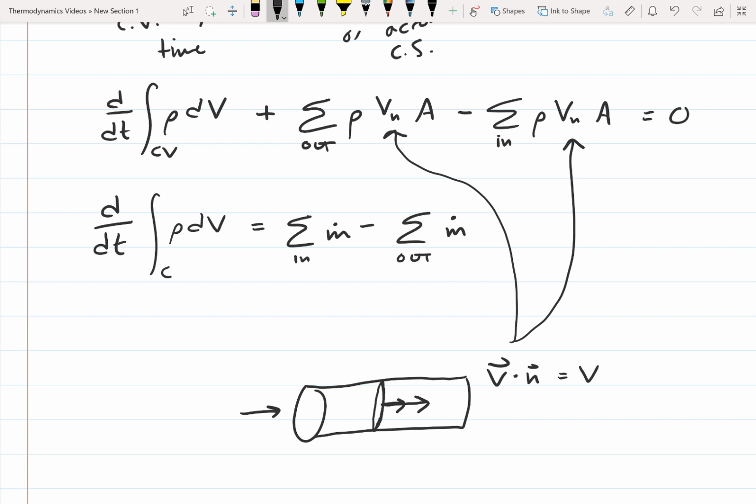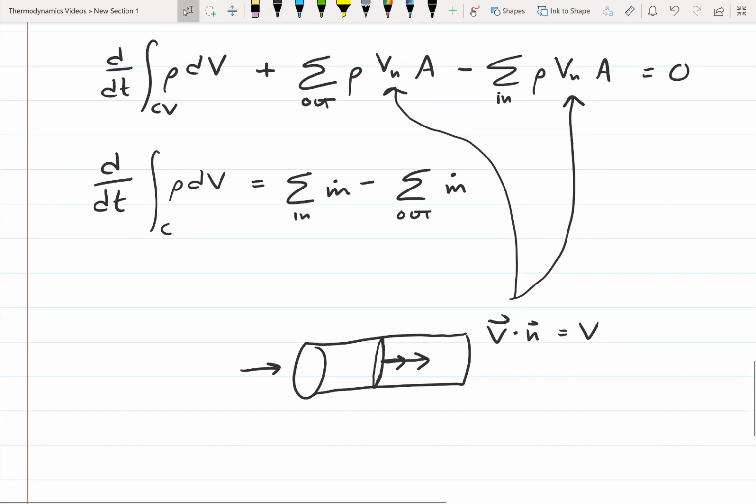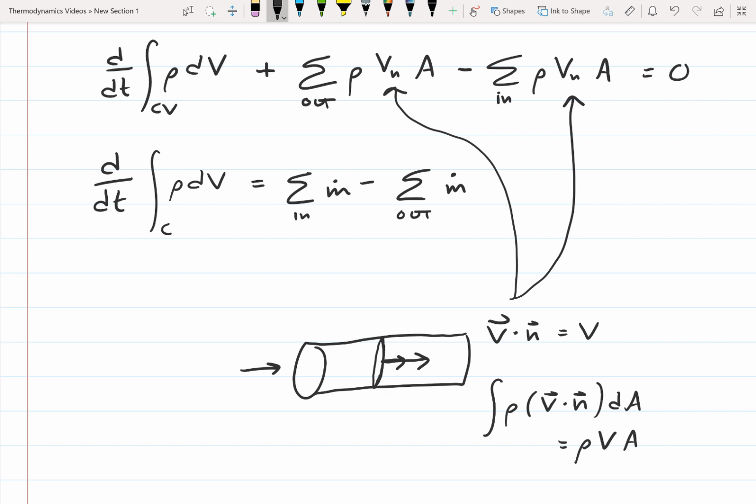This is going to greatly simplify the mathematical analysis. So rho v dot n dA is just going to be equal to rho v A.